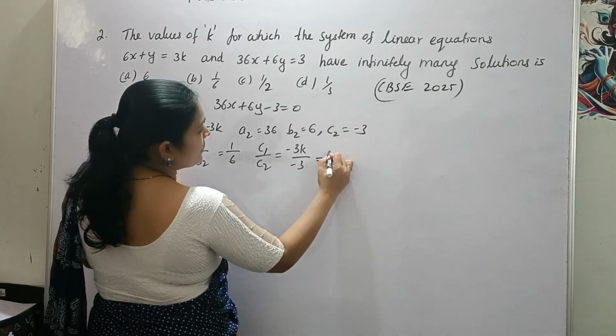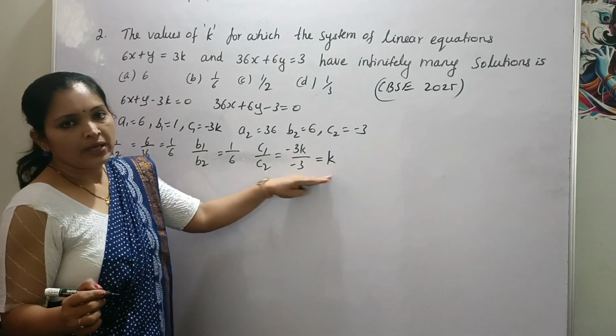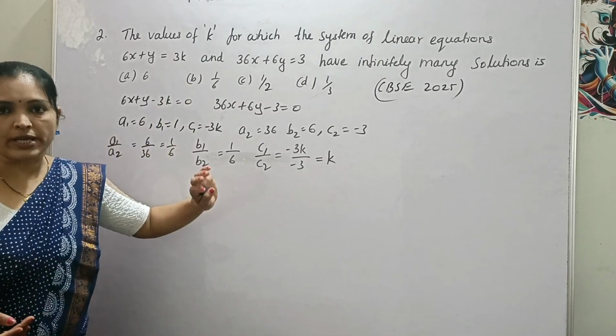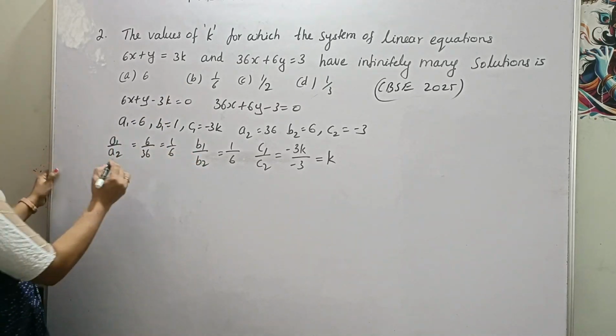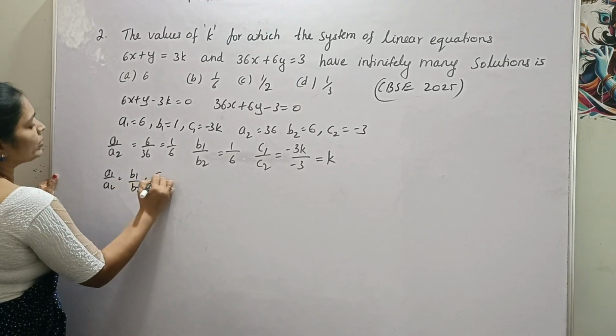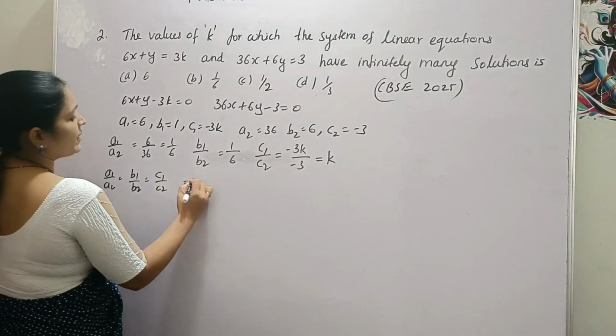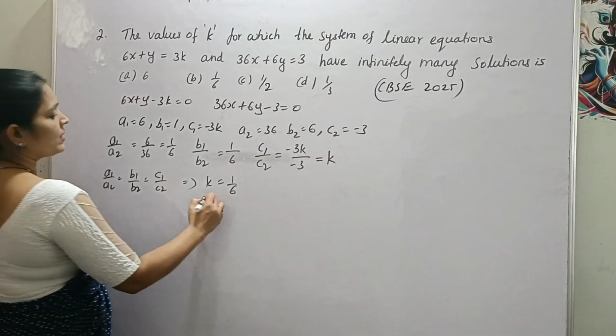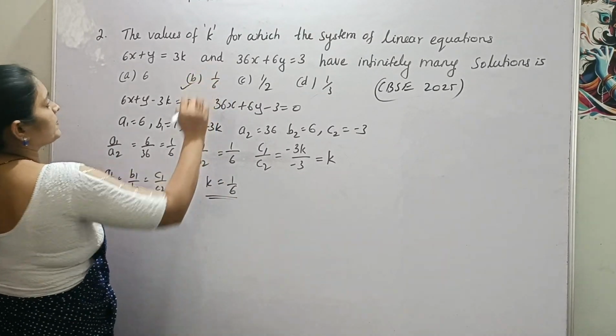That is minus 3 cancelled. So, it is k. And we know that it has infinitely many solutions. Then, a1 by a2 is equal to b1 by b2 is equal to c1 by c2. That implies k is equal to 1 by 6. So, it is the correct answer.